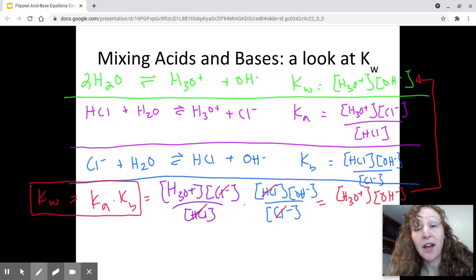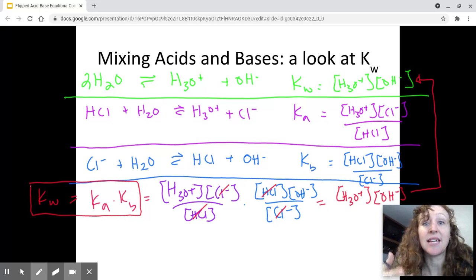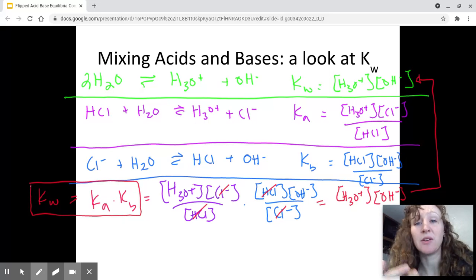What you're left with is the hydronium times hydroxide, which is Kw. So the Ka times the Kb for any given acid and its conjugate base, or any given base and its conjugate acid, is going to equal Kw.